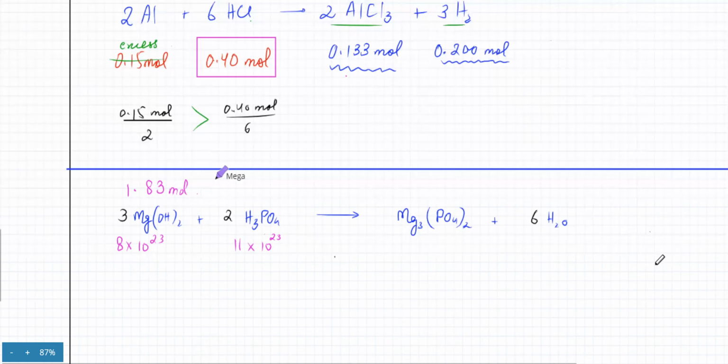For magnesium hydroxide, why does it say 1.83 moles above it? I mean, you just said 1.83. How many moles do you have? 1.3289, 1.33 moles. So you're getting 1.33 moles, right? What about the moles of phosphoric acid?